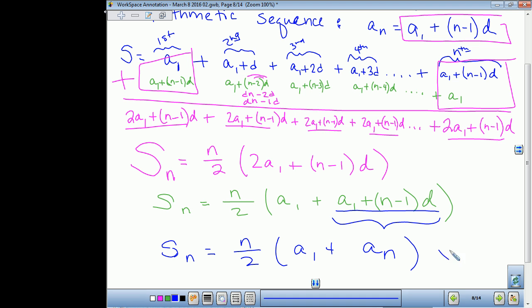This is my favorite formula right here. Willoughby fave. My brain doesn't want to memorize this one. I don't know why. But I'm good with this one.